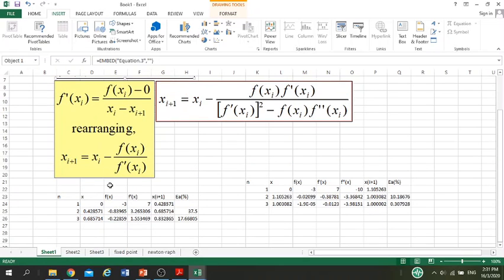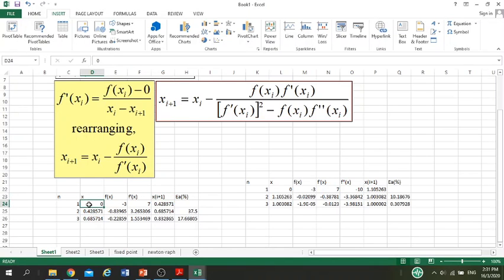So I start with the usual Newton-Raphson method. These are the terms that we have to work on. We start with the guess value of 0, and then we need to evaluate f(x), f prime x, and finally the resulting x.